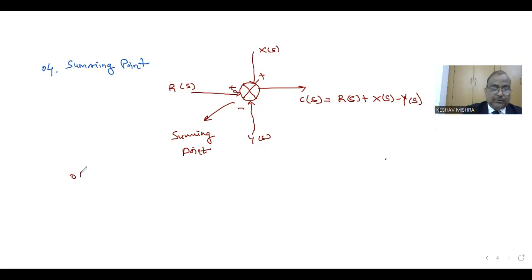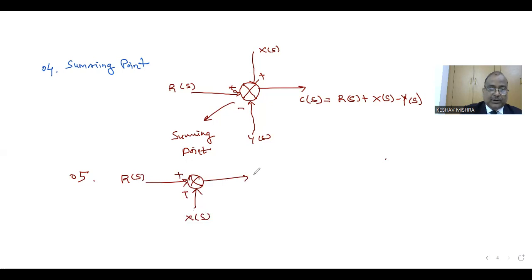The next rule is related to the summing point, where we can interchange the position of summing points. This is illustrated in point number 5. Suppose this is the input R(s). This is a summing point where we have two inputs: one is R(s) and the second is X(s).